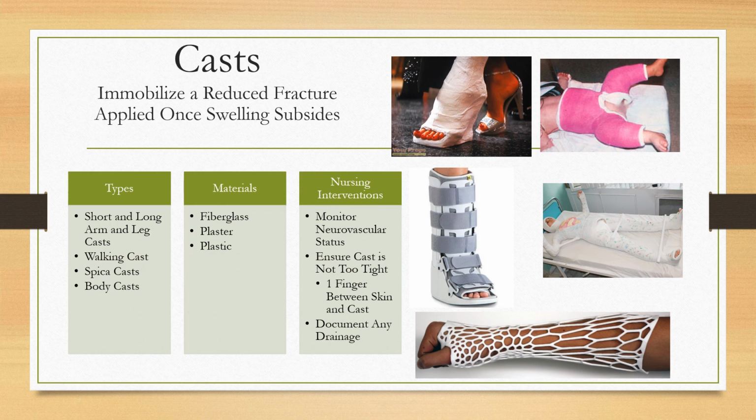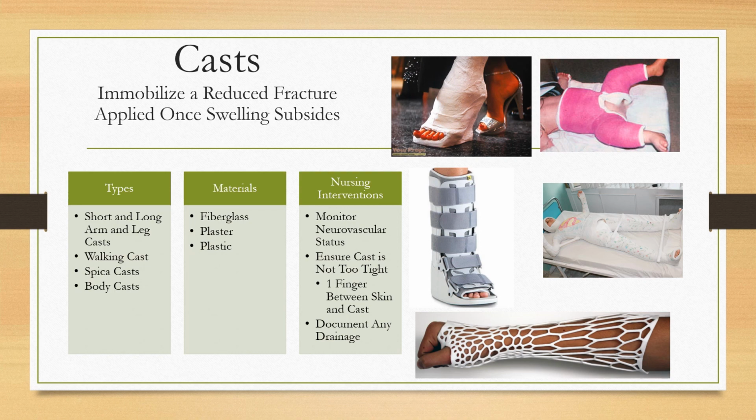So typically for a cast, the first part is, say we have someone with a wrist fracture that we want to put a cast on. So we'll cut a length of stockinette, so a cotton material. It looks a bit more substantial than the lower image here.